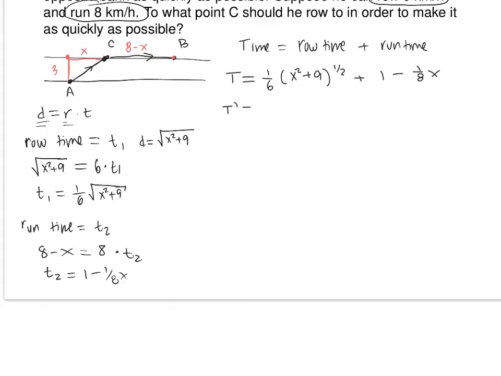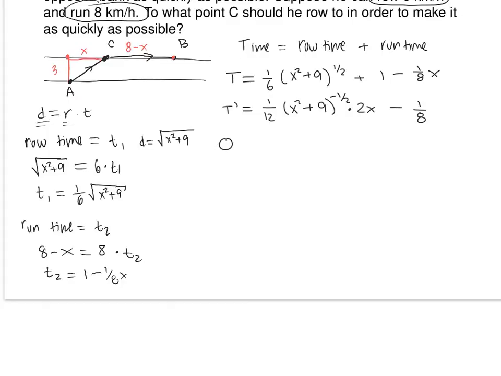So T prime will equal 1/12 times x squared plus 9 to the what new power? And then don't forget your chain rule. Times 2x, very good. And then plus 0 minus 1/8.